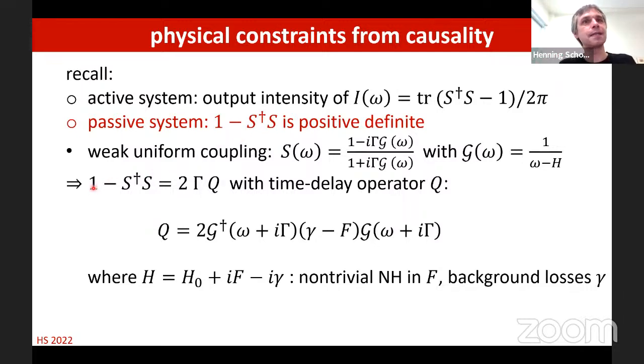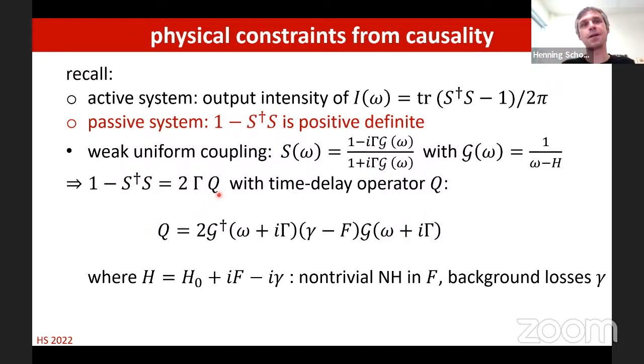And now this particular combination here is, however, heavily constrained. So you see this as a thing which has its eigenvalues constrained in a particular way. And you can relate it to a fundamental object, which is called the time delay operator. In passive systems, we have an additional physical constraint. Namely, nothing can come out of the system before we send something in, while active systems are just emitting radiation on their own.